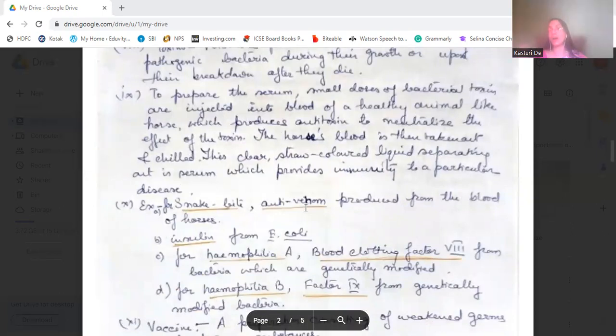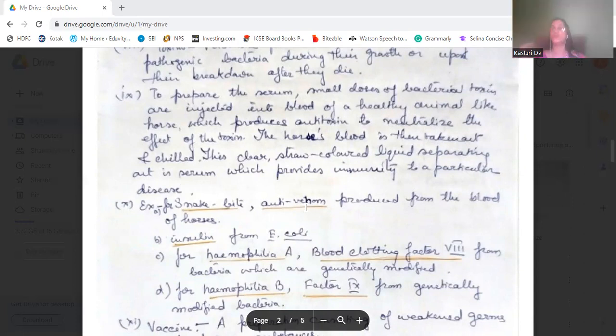The blood is taken out and chilled, and then we see a clear straw-colored liquid separating out. That is known as serum. This serum provides immunity to a particular disease.